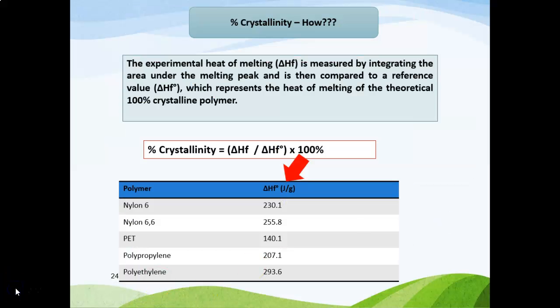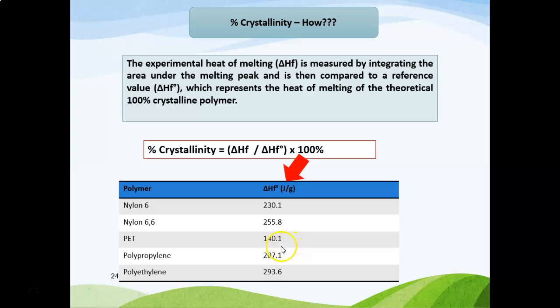How can we measure the percentage of crystallinity? The experimental heat of melting, which is delta H of fusion, is measured by integrating the area under the melting peak and is then compared to a reference value, delta HF naught, which represents the heat of melting of the theoretical 100% crystalline polymer. This value is given in the table.